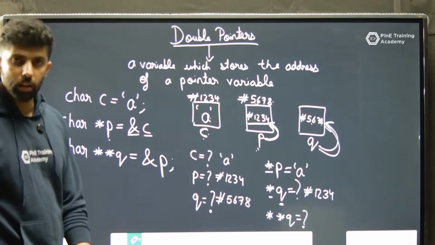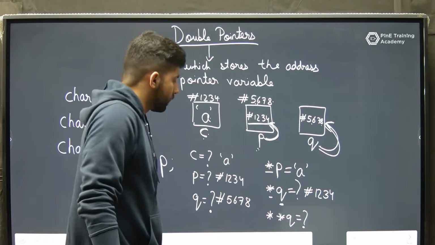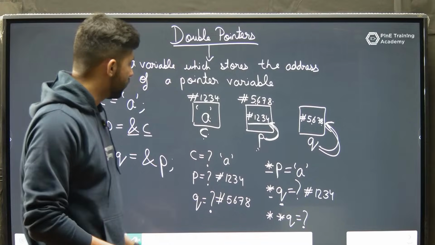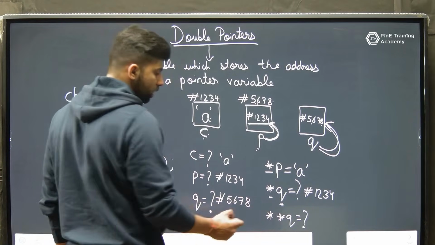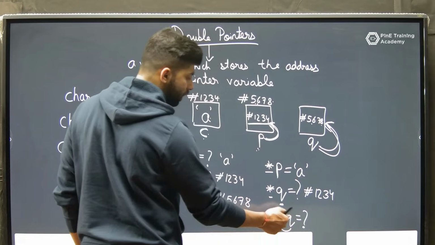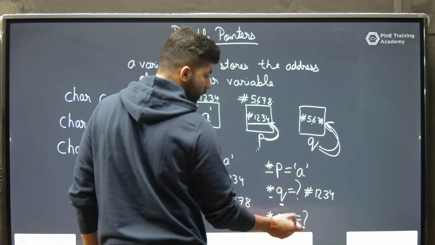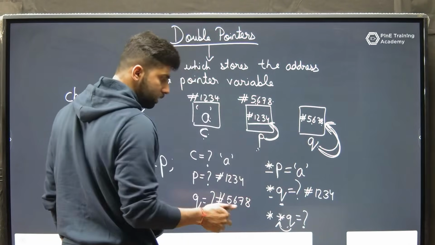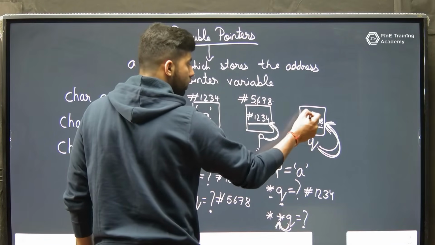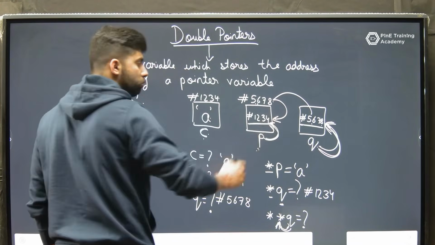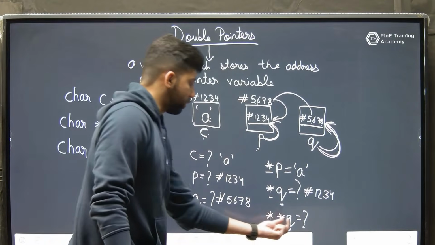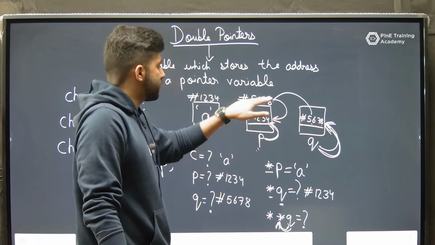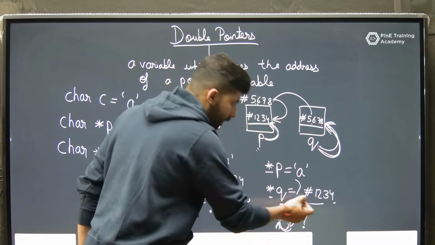What will happen if I print asterisk asterisk Q? This time I am using the dereference operator 2 times, which means first we solve it 1 time. So the value at Q is 5678, and the value stored at 5678 is 1234, which we have seen here.